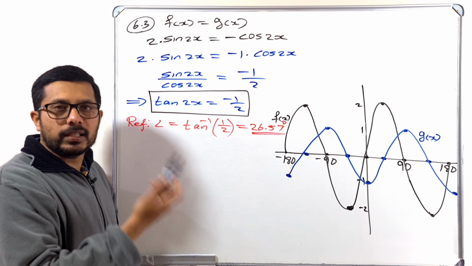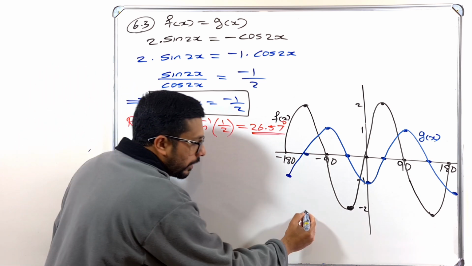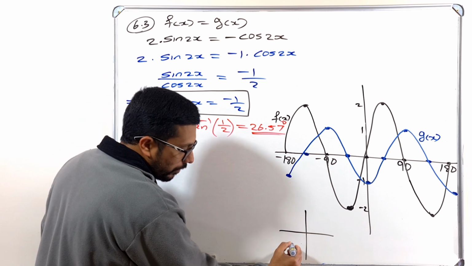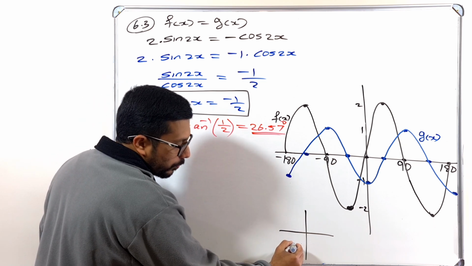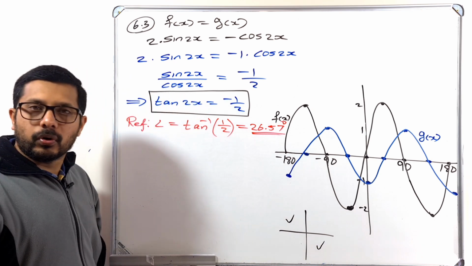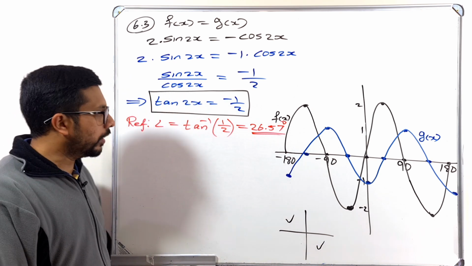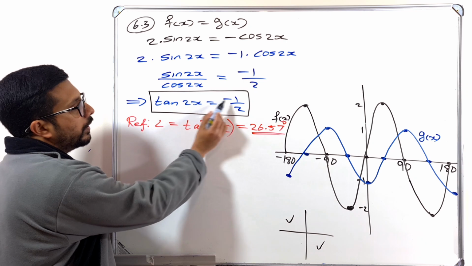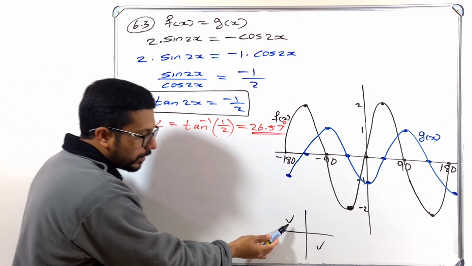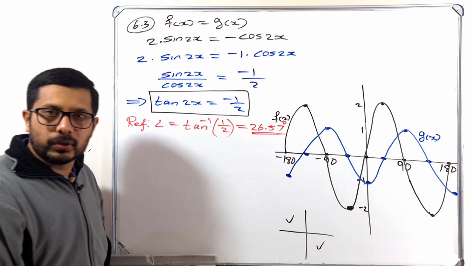That means tan is negative. Tan is negative in which quadrants? Tan is positive here, so tan is negative in the second and fourth quadrants. Am I right? So tan of the angle is negative, which means it is in the second and fourth quadrants.